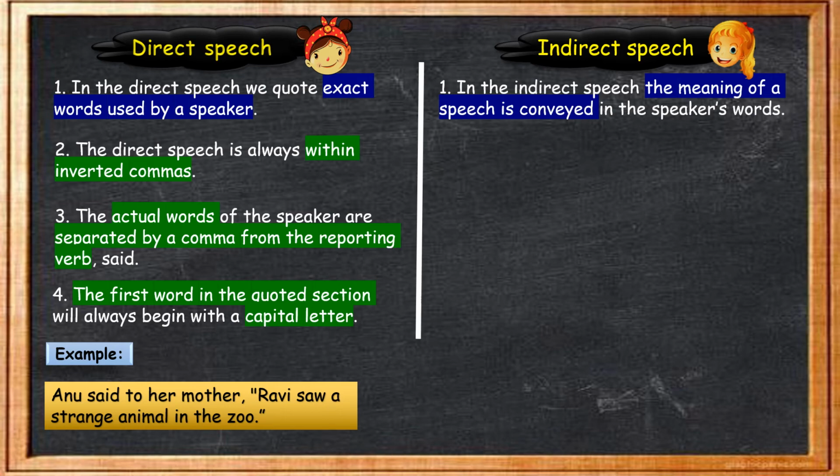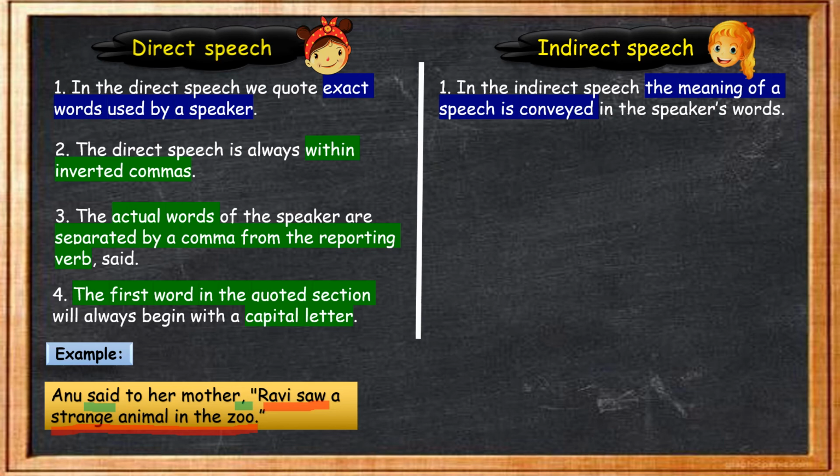Now children, in this sentence, you can see that Ravi saw a strange animal in the zoo is the exact word of that person that Anu has shared with her mom. Yes. Now, what is the reporting verb here, children? Said. And see how Anu's words are separated by this comma. Is it clear? Now, all four points are clear in this example.